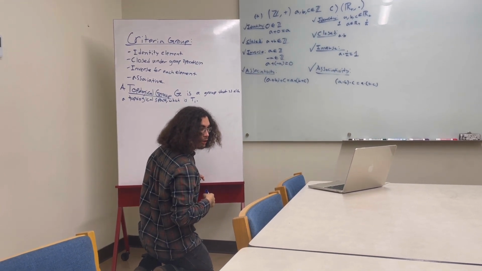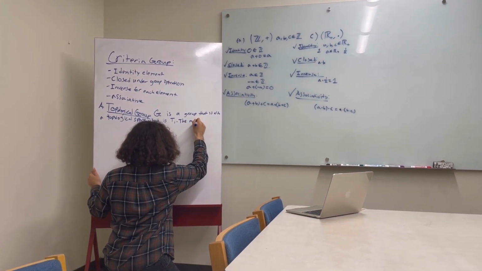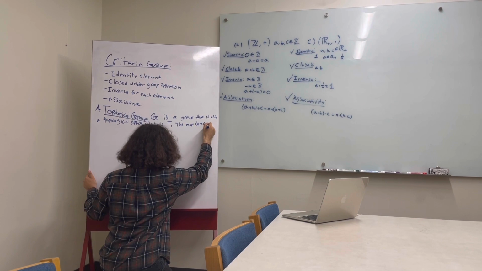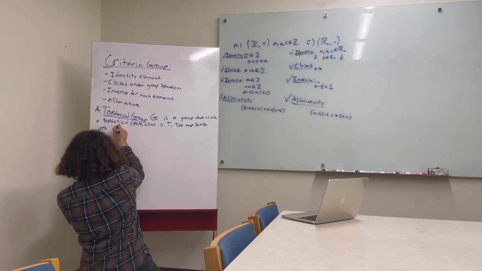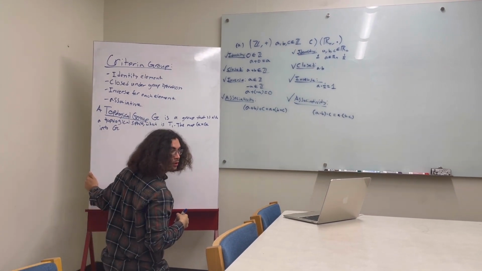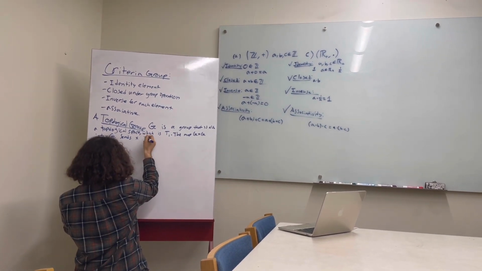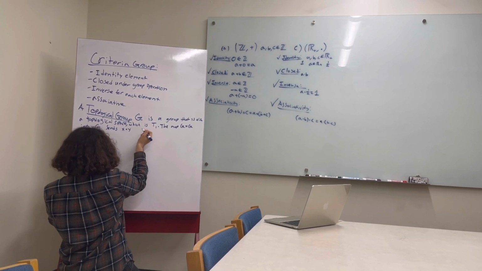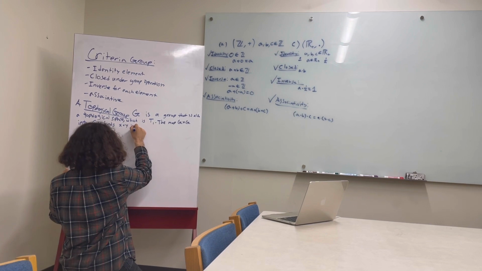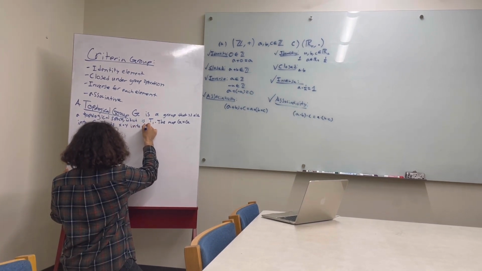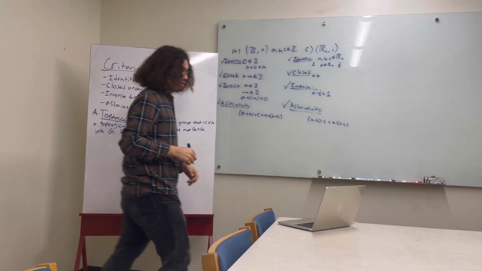And we also need that the map G cross G into G, which sends X cross Y, so simply an element XY, to X dot Y. We write dot here, but it doesn't have to be multiplication, it's simply the group operation.